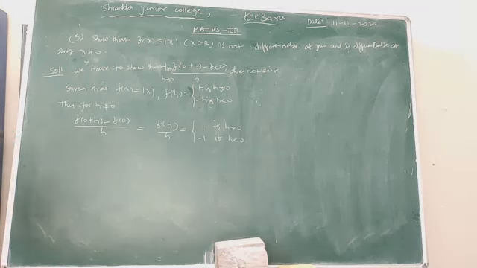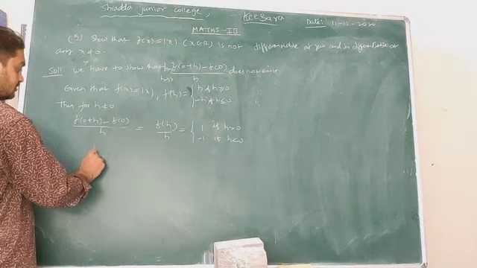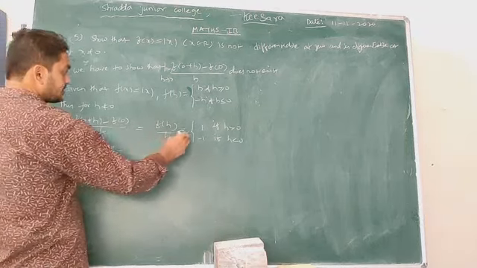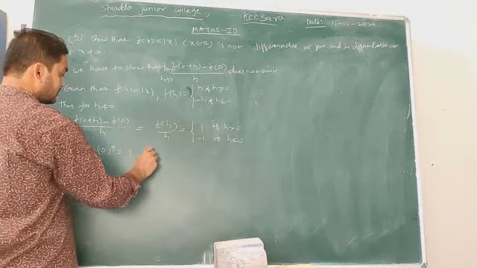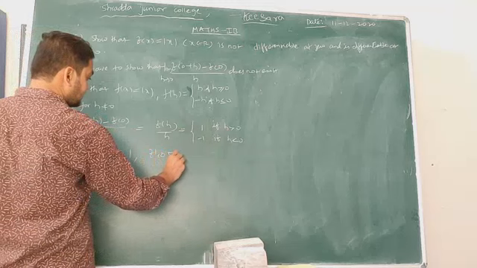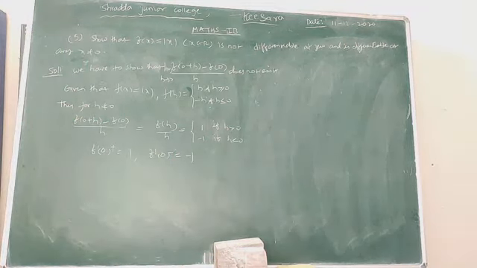So now see, f dash of 0 plus, that is the right hand derivative, equals 1, and f dash of 0 minus, that is the left hand derivative, equals minus 1.